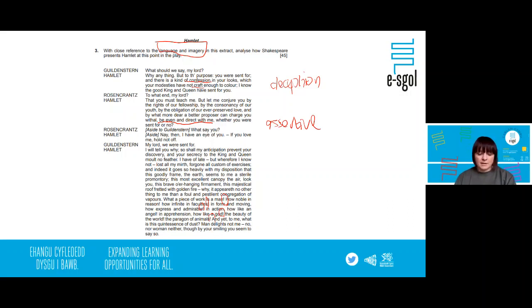Okay, but note still his tone. Hamlet's tone throughout this is quite playful. He is mocking, he is taunting, and he is being sarcastic.